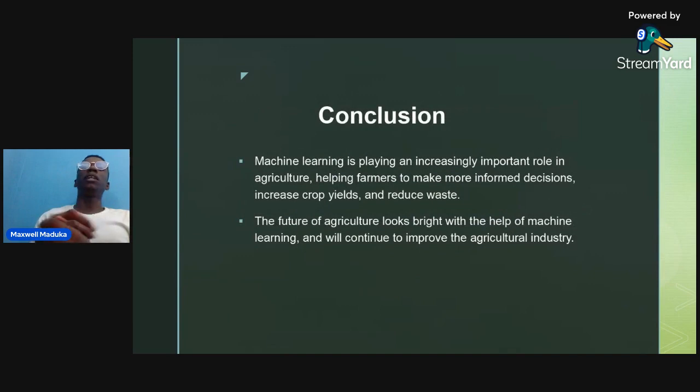Machine learning is playing an increasingly important role in agriculture every single day. We're even currently looking at hiring machine learning experts for our team at Neurospace, because if we are going to be making applications in security and in agriculture, machine learning has a huge role to play.